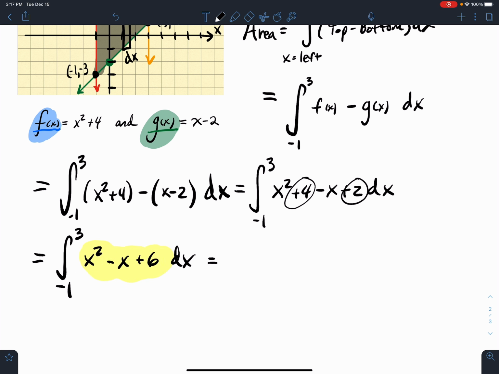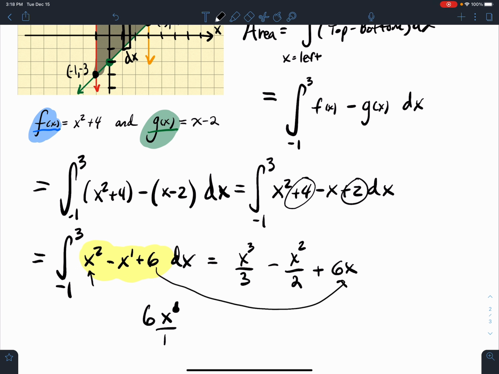To find the antiderivative of x squared, I add 1 to the exponent, divide by it. What about 6? Really, 6 is like 6 times x to the 0. If I add 1 to it and then divide by it, I get 6x. So the integral of 6 is 6x. That makes sense.